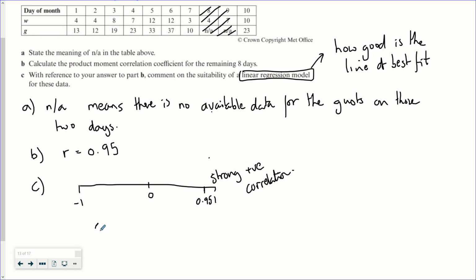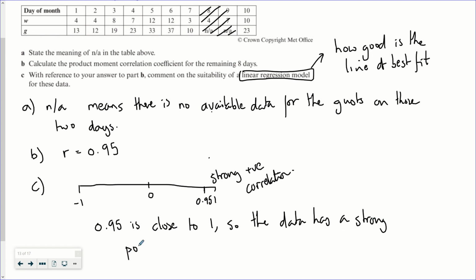So we can write a sentence to explain that. 0.95 is close to 1. So the data has a strong positive correlation. This means the linear model is suitable.